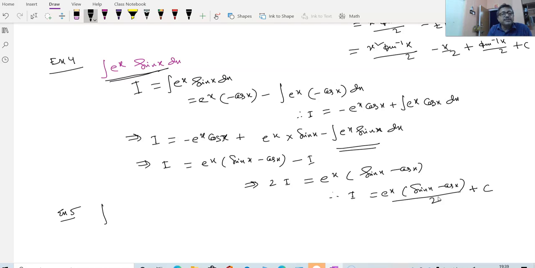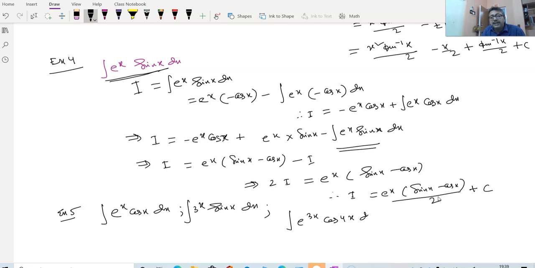Not only for this, even if you are doing it for this kind of sum, say e to the power x cos x, or e to the power x sin x, and like if terms are bigger, like e to the power 3x cos 4x is there.